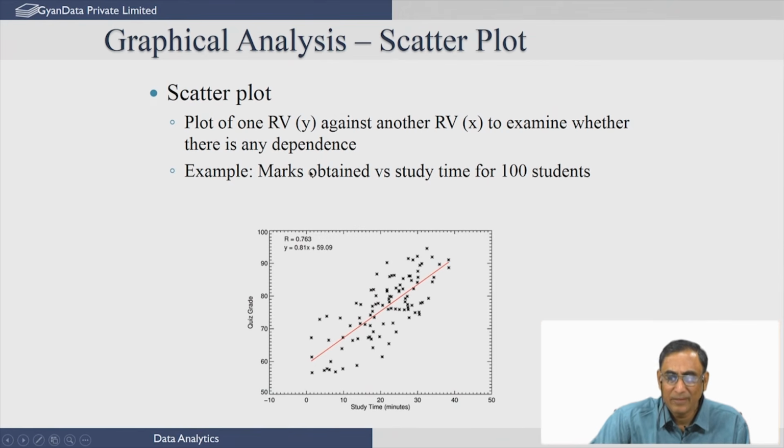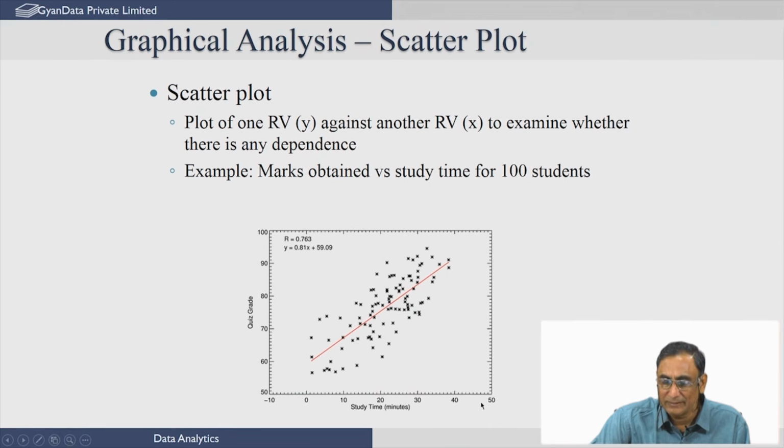In this case we have taken some data corresponding to 100 students, who have spent time preparing for a quiz and have obtained marks in that quiz. Typically, if you spend more time studying, you should obtain more marks, and that is what this is trying to show.